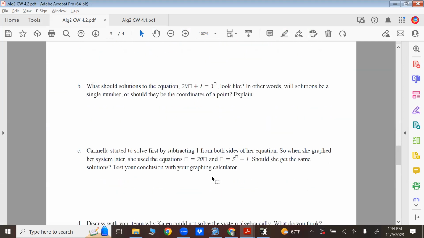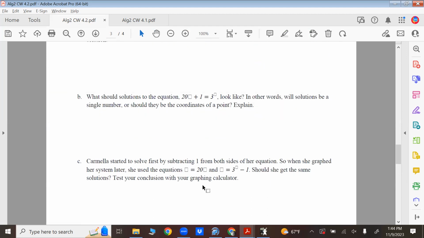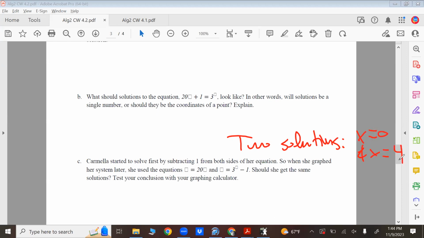So Carmela started to solve first by subtracting. Basically we see two answers: x equals 0 and x equals 4. But let's say she started to solve by subtracting 1 from both sides. So now she's got y equals 20x and y equals 3 to the x minus 1. She should get the same solutions. Yes, of course. Who cares that you move things around?